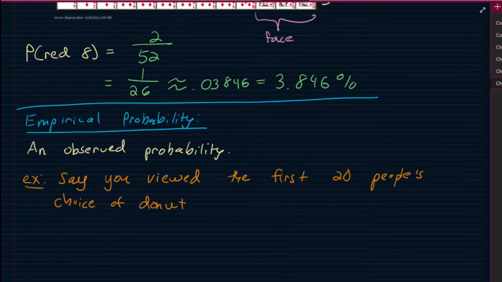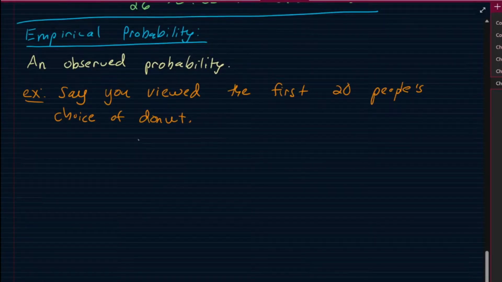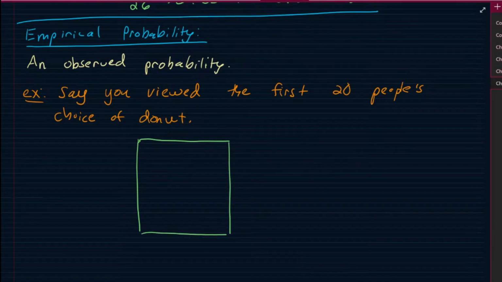And you come up with some sort of frequency distribution of all the outcomes. So let's say you've got our flavor over here, and the frequency that they chose that. So how many times they chose that. And let's just say they only pick one donut.